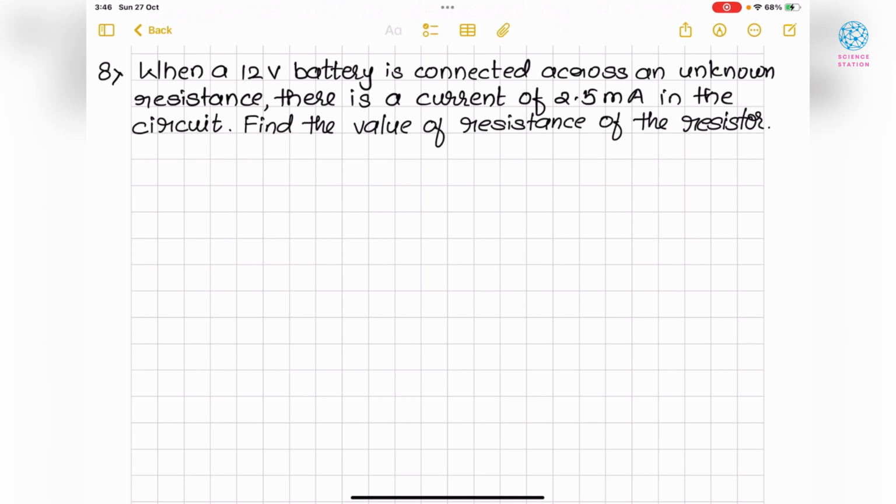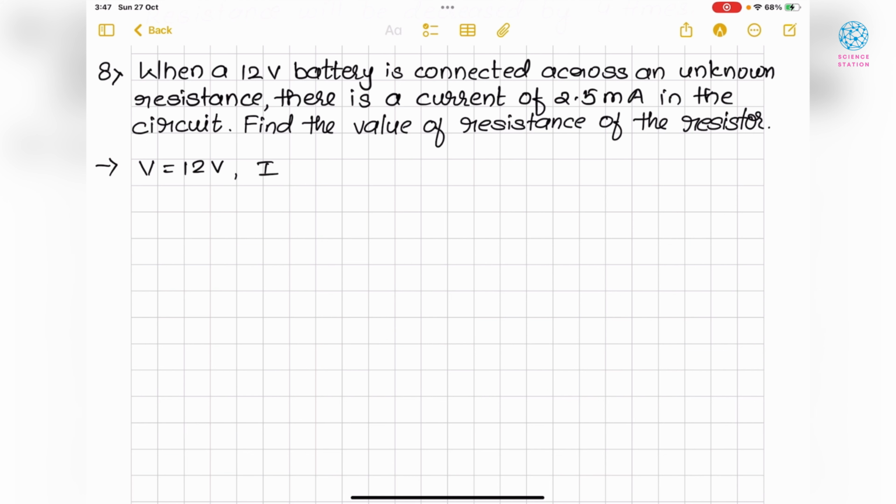Now, 8th numerical says, when a 12-volt battery is connected across an unknown resistance, there is a current of 2.5 milliampere in the circuit. Find the value of the resistance of the resistor. So, here if you see carefully, I am given V equal to 12 volt.